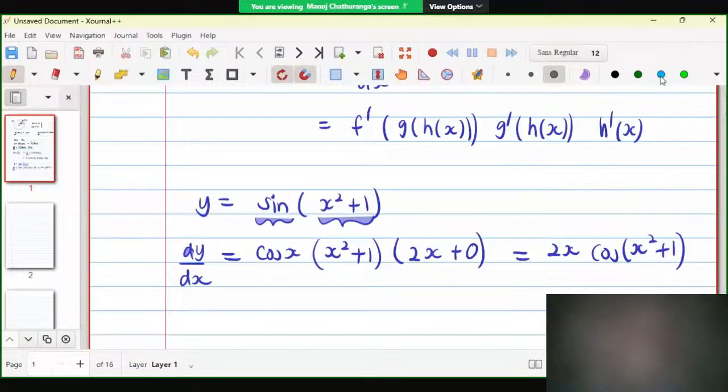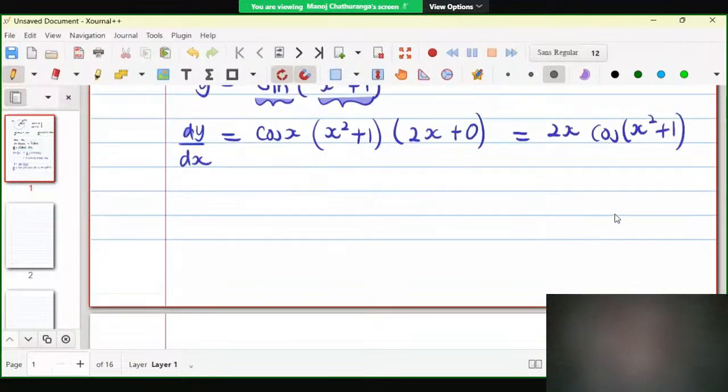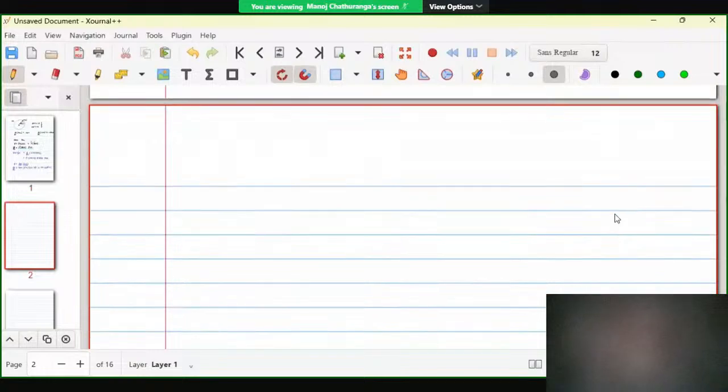For example, I can give you many other examples. Think about the square root of x plus 1 divided by x squared plus e to the power x.